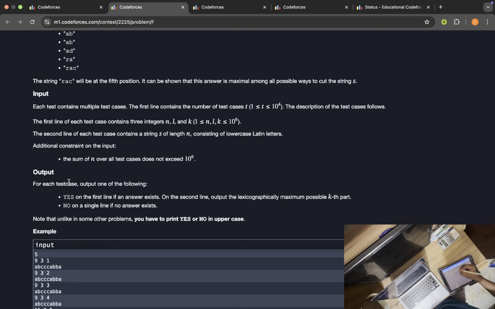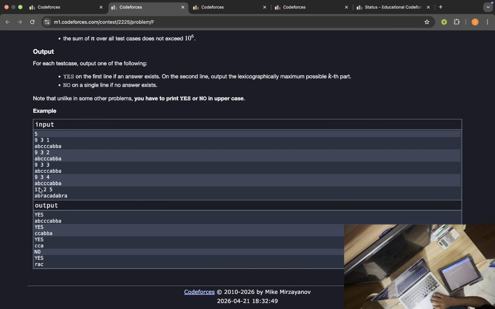And let's see a small test case. There is no small test case. There isn't any small test case. Okay, let's create a small test case. A B C D A B. Okay.